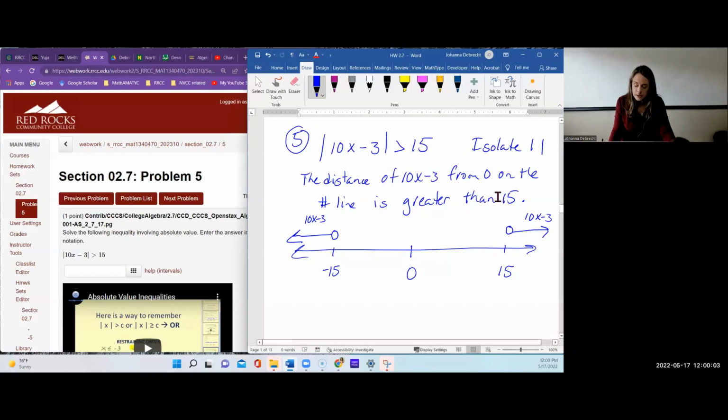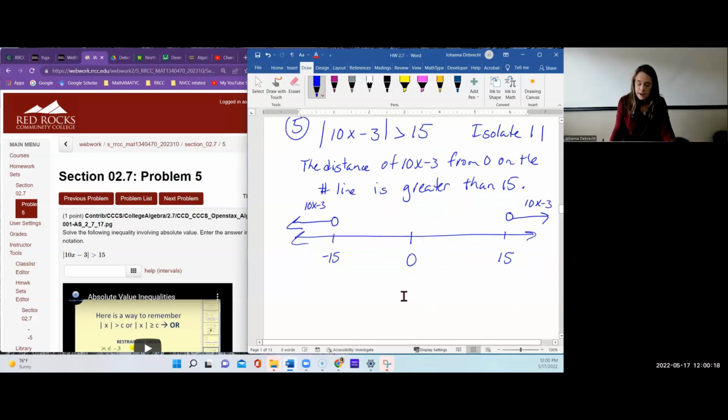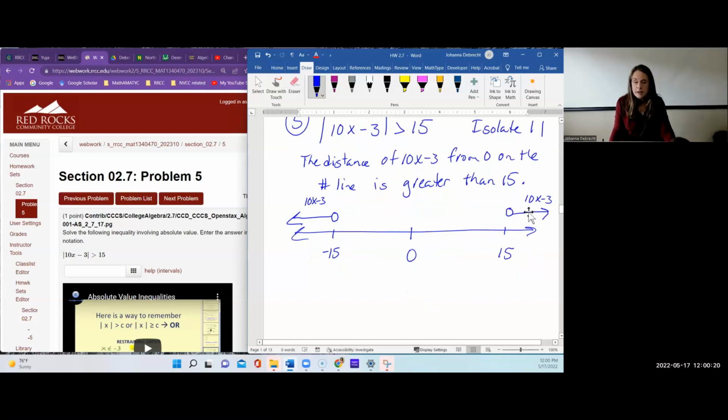Let's interpret this picture now in terms of symbols so that we can solve the rest of the problem. First, we isolate the inequality. Then we think of it in words as the distance of that part inside the absolute value from 0 on the number line. Then we draw a picture which represents that distance. And then finally, we interpret the distances on the number line in terms of symbols. What does this mean? 10x minus 3 is to the left of negative 15.